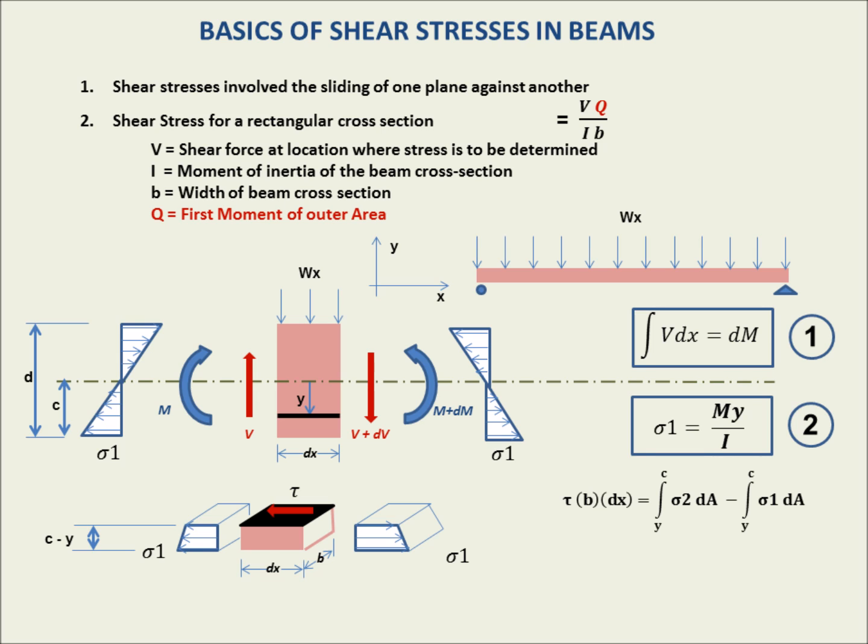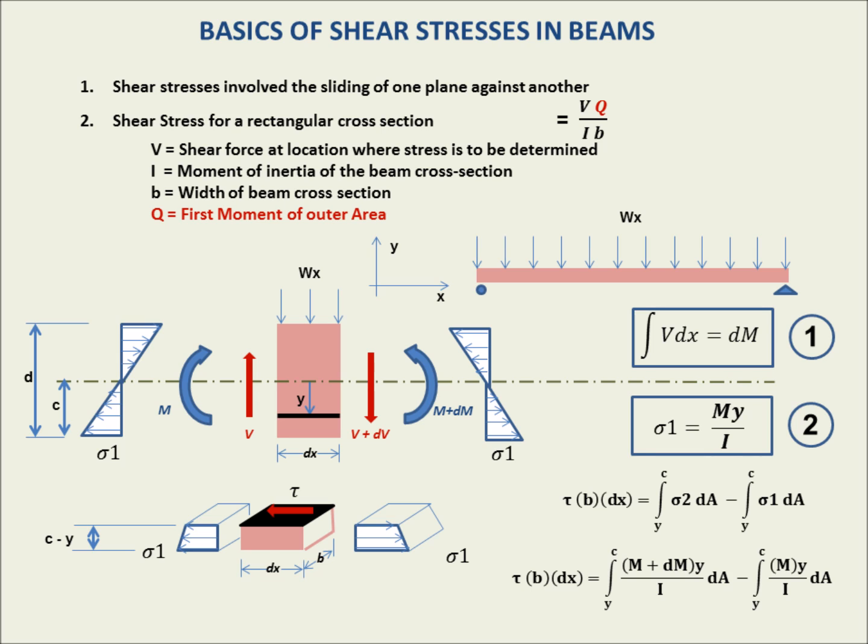We've seen that in our equation number 2. Excellent. So now we just have to replace sigma 2 and sigma 1 with the expressions that express them in terms of their moment and cross-sectional properties. So we rewrite the equation as such. We say that tau b dx is equal to the integral from c to y of (M plus dM) y over I.